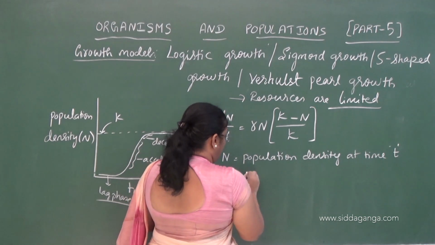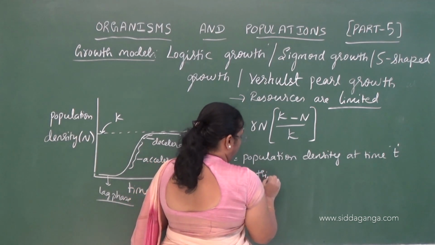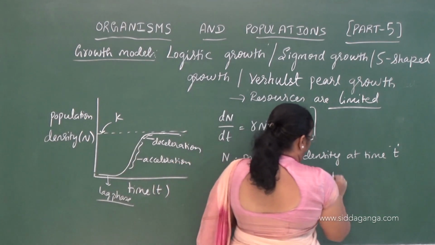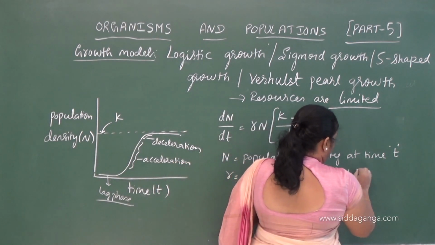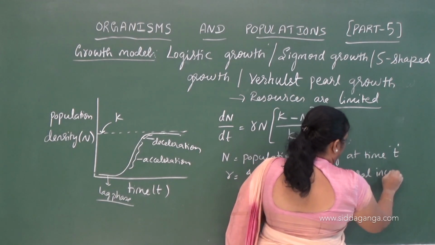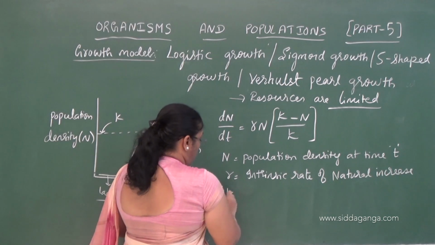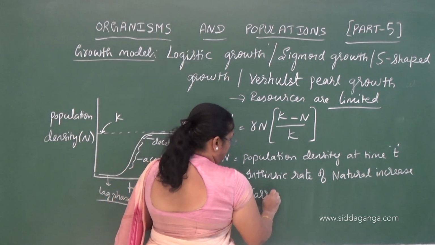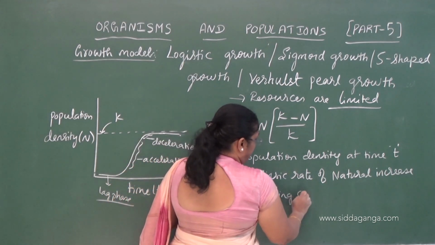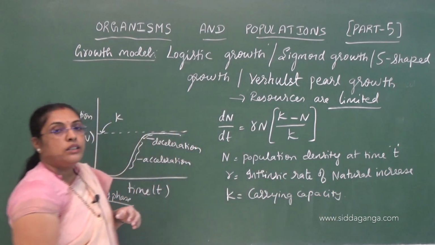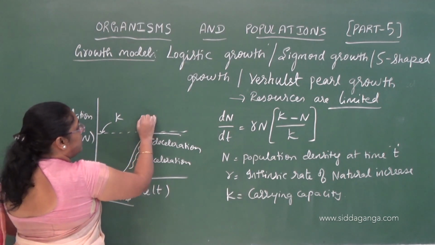Then r is the intrinsic rate of natural increase. K is the carrying capacity. This is the equation.